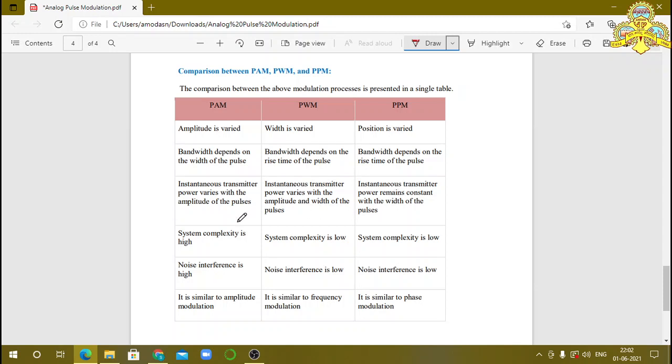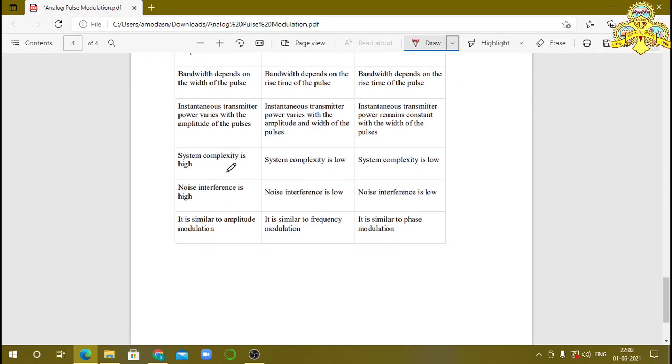Then system complexity is high in the PAM. In pulse amplitude modulation, the system complexity is very high. In PWM, the system complexity is low, and similarly in the PPM also the system complexity is low. Only in the PAM is the system complexity slightly high, and in the PAM the noise interference is more, because amplitude goes on varying.